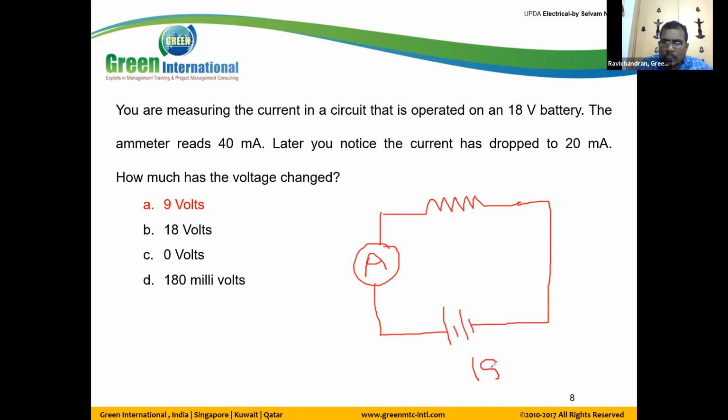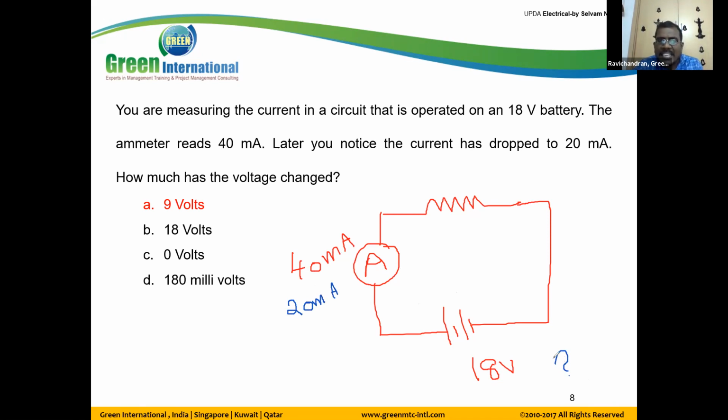If you apply 18 volts to the load, it reaches 40 milliamps. Due to some reasons, the ammeter now reads only 20 milliamps instead of 40 milliamps. At that time, how much voltage will we give?